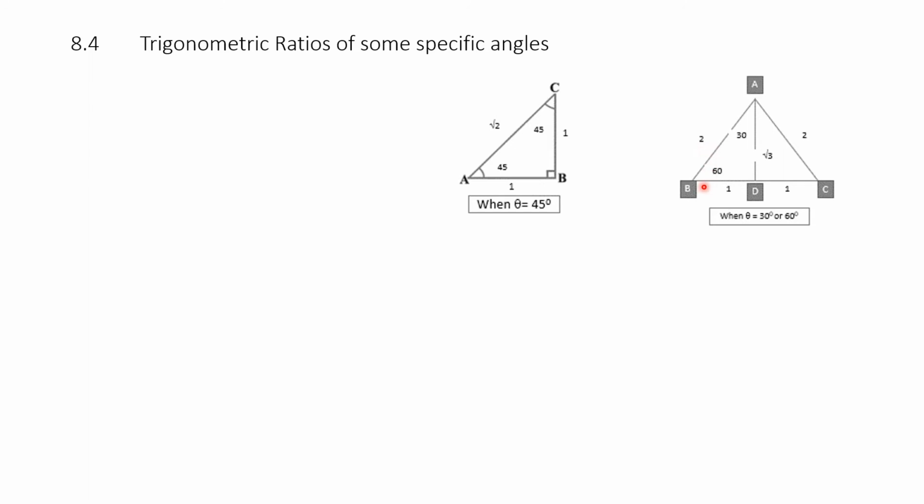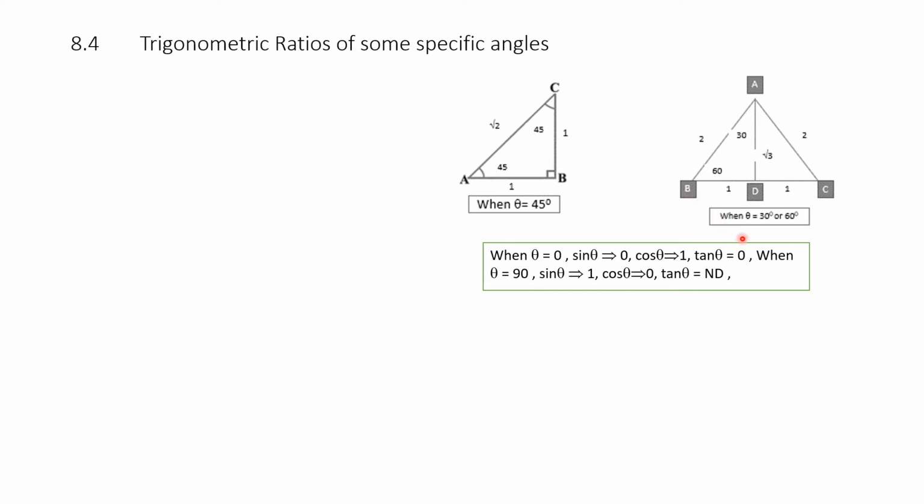Similarly, for tangent of angle B, tan 60 is opposite side by adjacent side, that is root 3. Please remember these triangles, as they will help you remember the standard values for 45, 30 and 60. Let us summarize them.